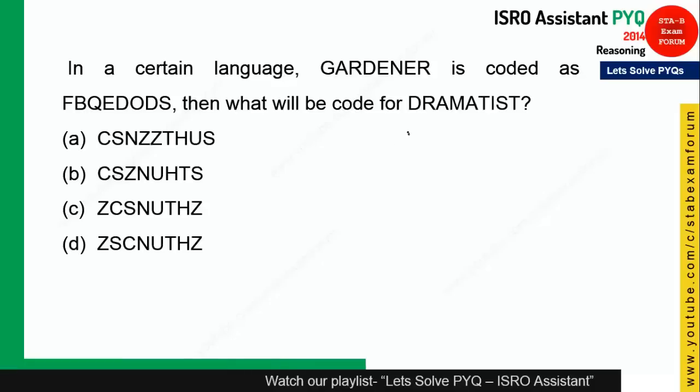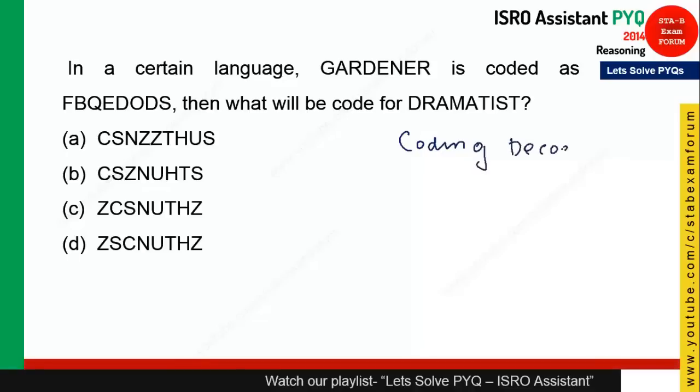Again, this question is from coding decoding. Let's solve it. So the word is GARDENER, coded as FBQE. Okay, this much is sufficient.